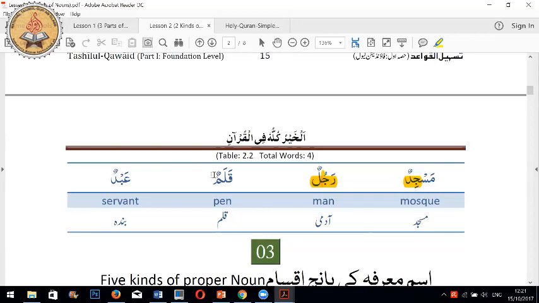Qalamun, again meem, the last letter carries a tanween, two strokes. Abdun carries a double stroke of dhamma. So table 2.2, four words, masjidun means mosque, rajulun man, qalamun pen, abdun servant.